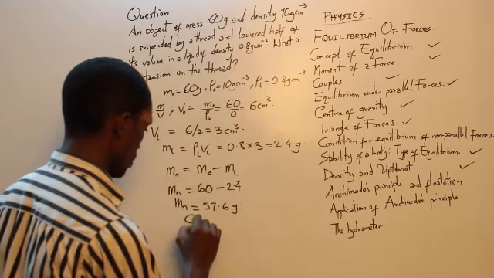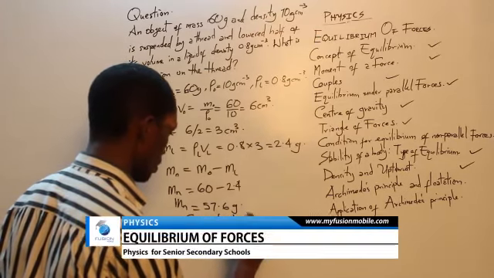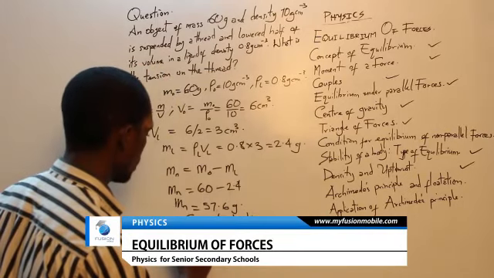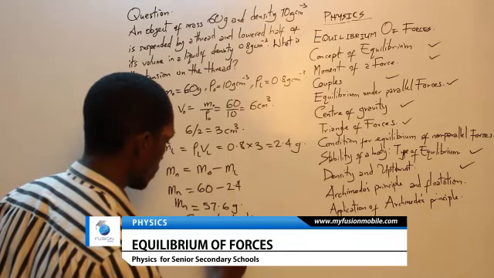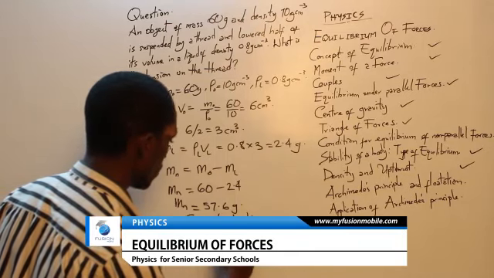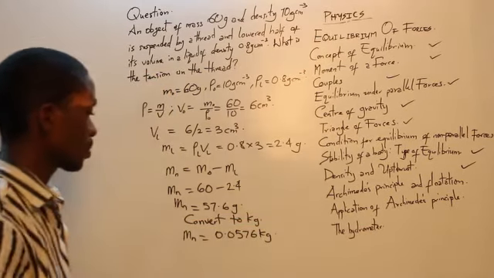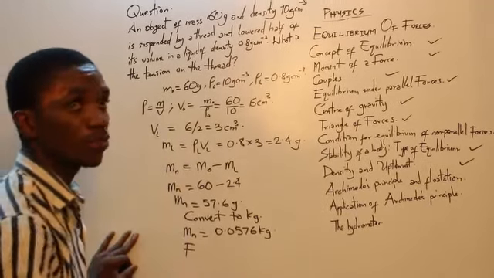Now this 57.6 grams needs to be converted to kilograms. So when we convert it to kg, we'll have it as 0.0576 kg. And of course, our tension is a force.